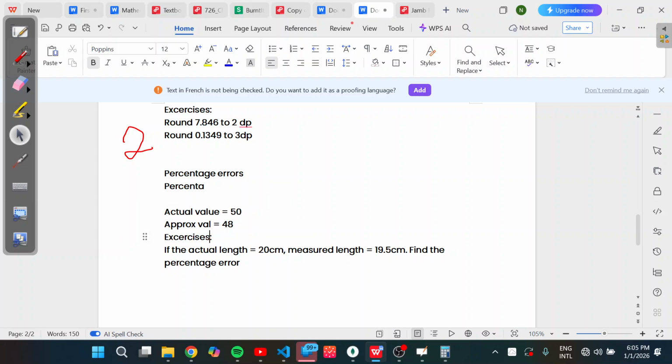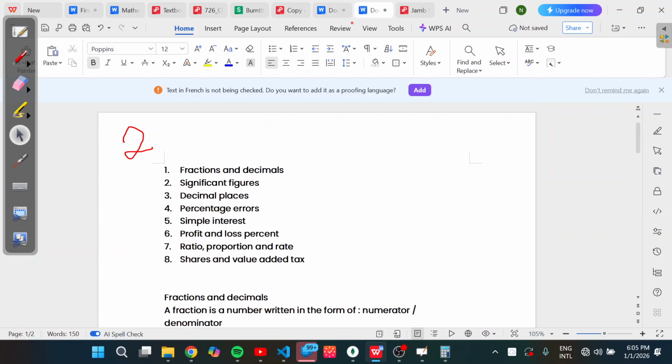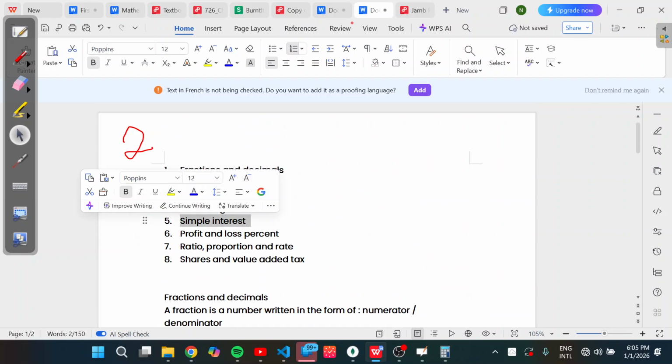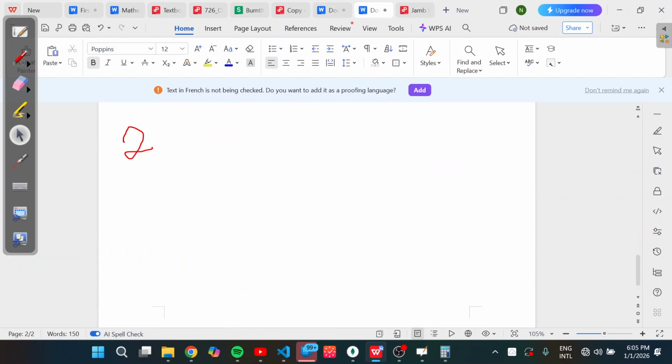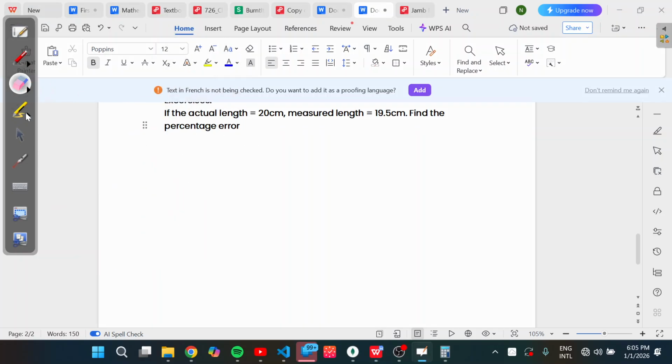So our next topic is simple interest. Simple interest. Okay, we haven't wiped this up. Now, simple interest is the interest calculated only on the principal, that is the original money you were given.